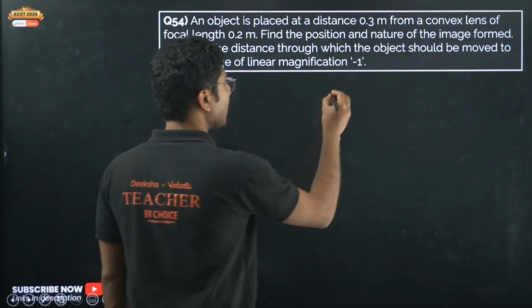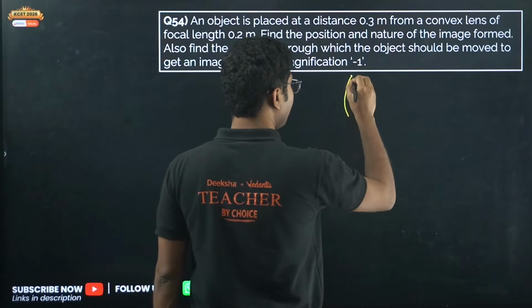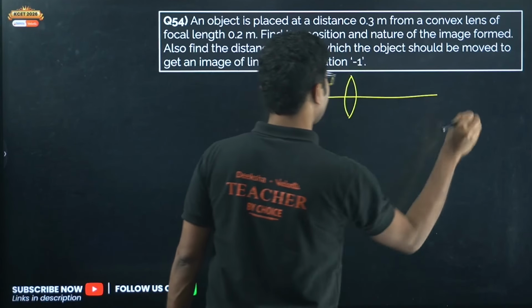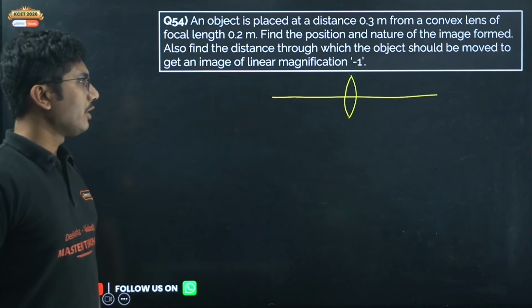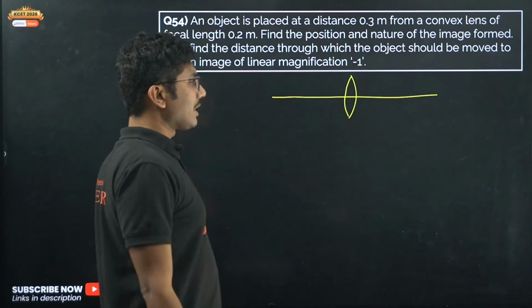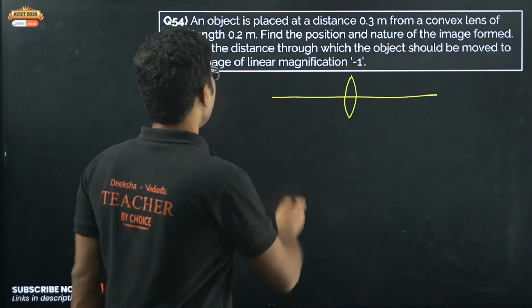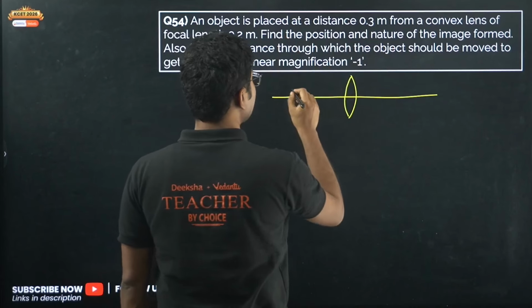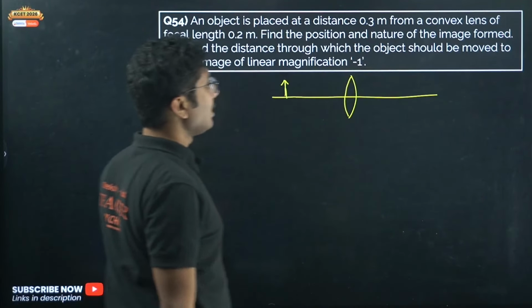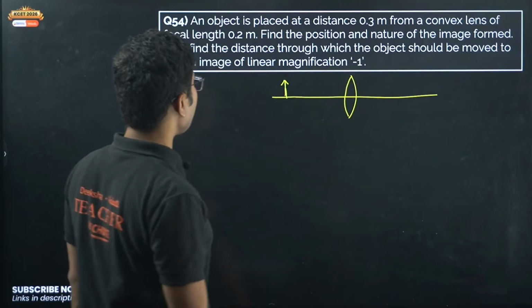First, it's a convex lens, and in case of ray optics related questions, try to draw the diagram first. Ray optics is one place where questions can generally be easier, so that's why we are solving it. An object is placed at a distance 0.3 meter, distances given in meters, from a convex lens of focal length 0.2 meter.